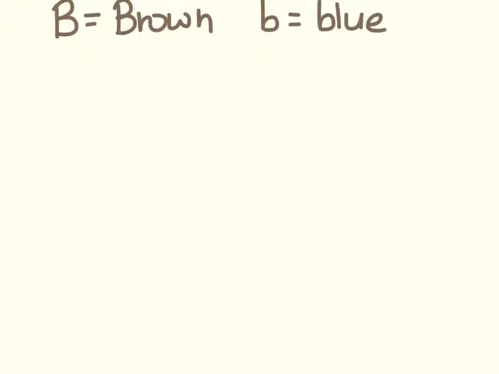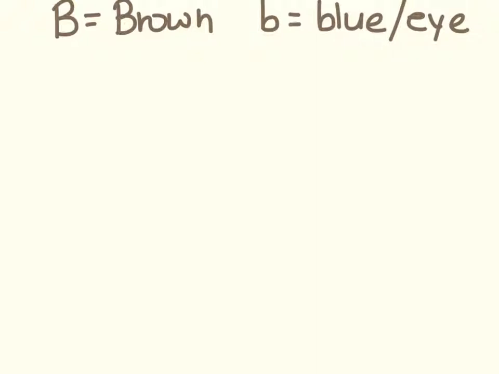All right, so let's do a slightly different problem using the law of dominance. For this case, we are going to use the condition that capital B is the dominant condition for brown eyes, and lowercase b is the recessive condition which results in blue eyes. So we're looking at the trait of eye color, and the two alleles are brown and blue.